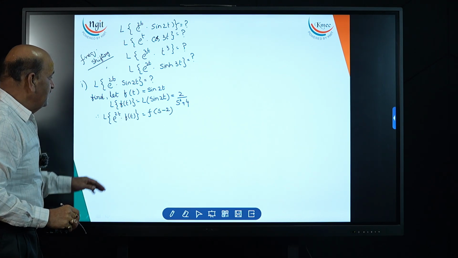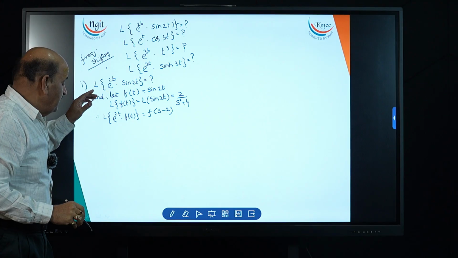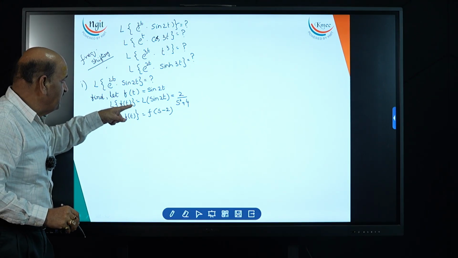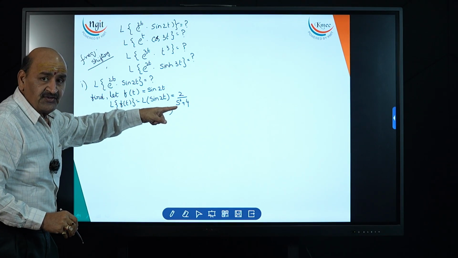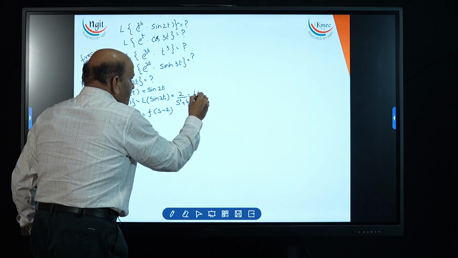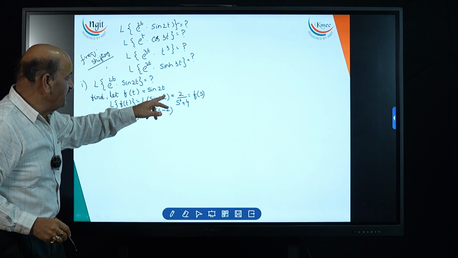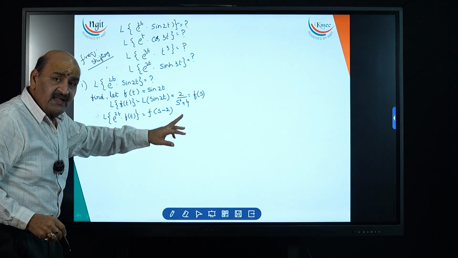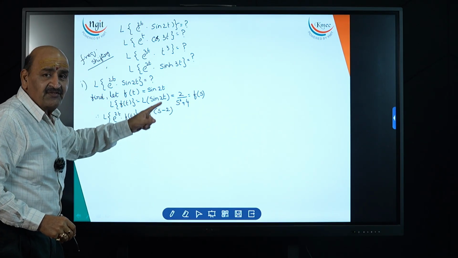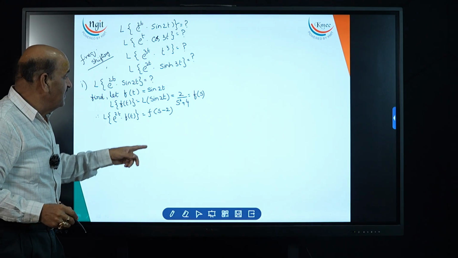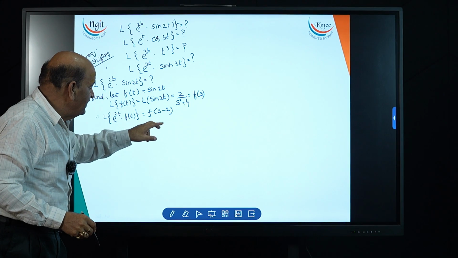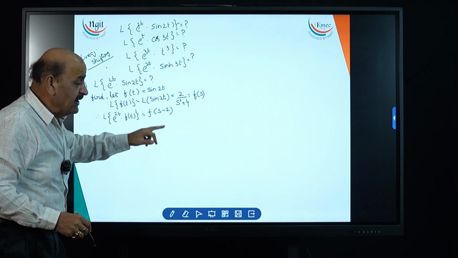That means, in the previous step, wherever you find the Laplace transformation of a given signal, that is 2 by s square plus 4, let it be f of s. In the output of this s domain, wherever there is s, replace s by s minus 2. This is the meaning of frequency shifting. Wherever you find s in s square plus 4, you have to make s minus 2.